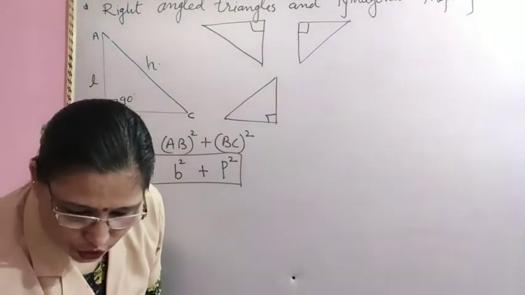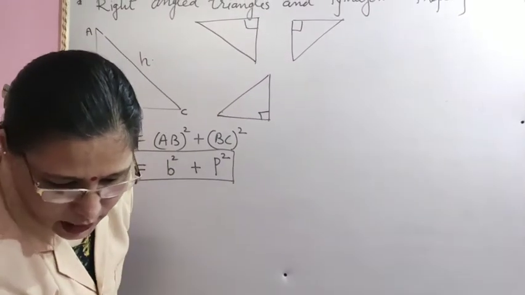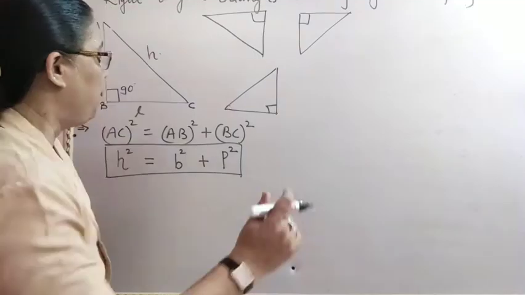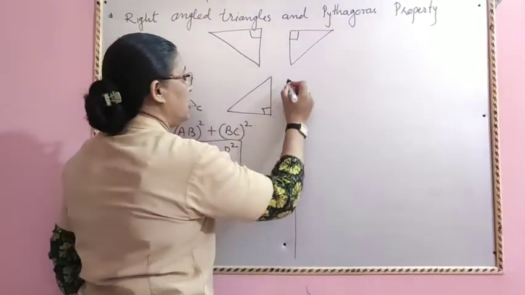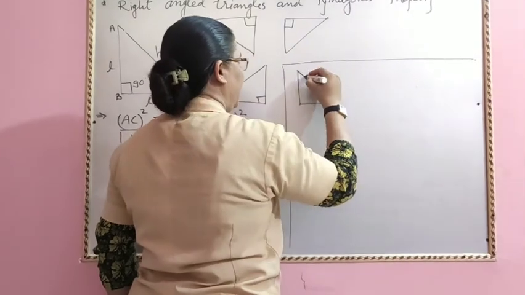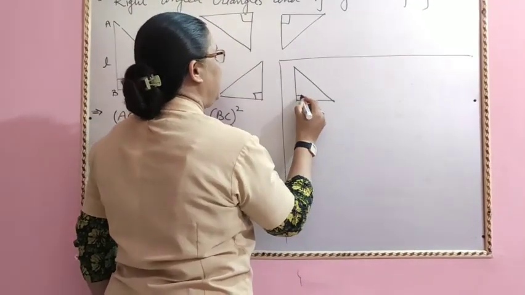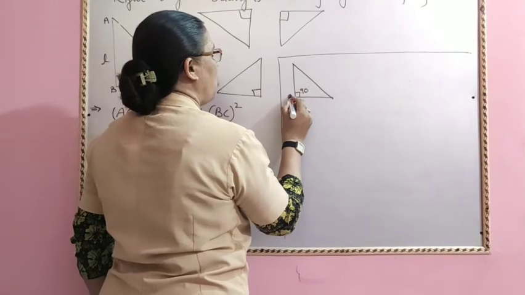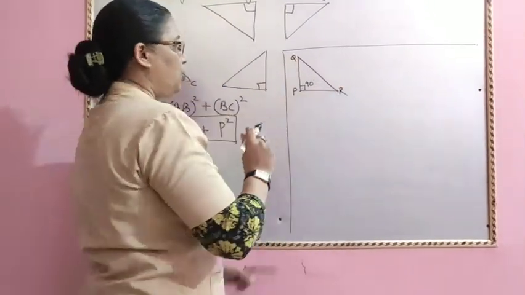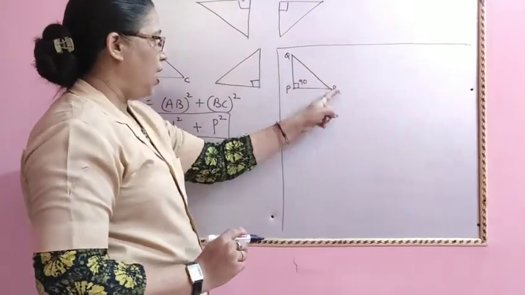Now see the first question of this exercise. The question is: PQR is a triangle right angled at P. So you have to draw the triangle first, beta. The name of the triangle is PQR and where 90 degree is given, that is P. If this is P, obviously one is Q and one is R. So this is your triangle PQR.